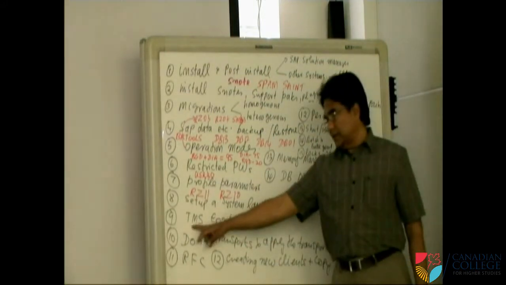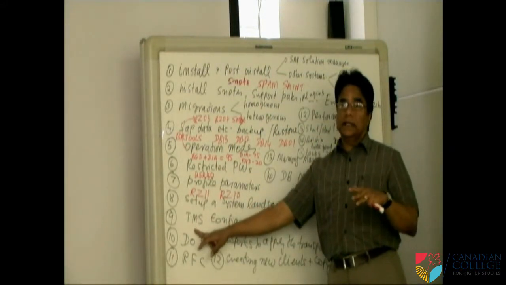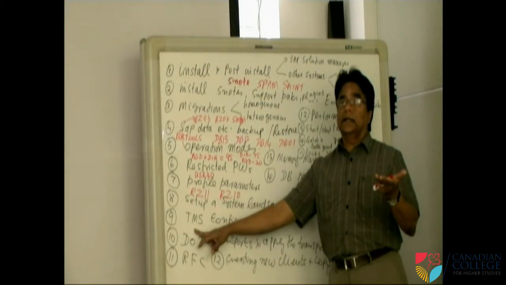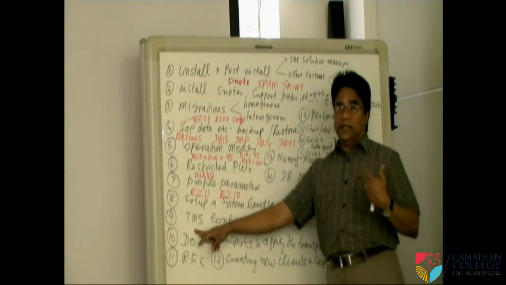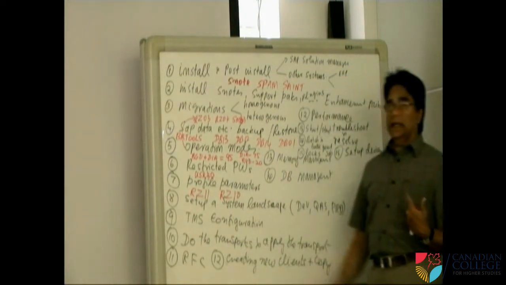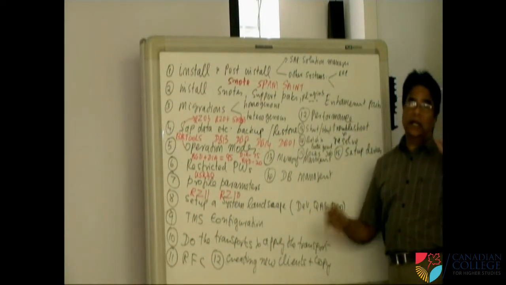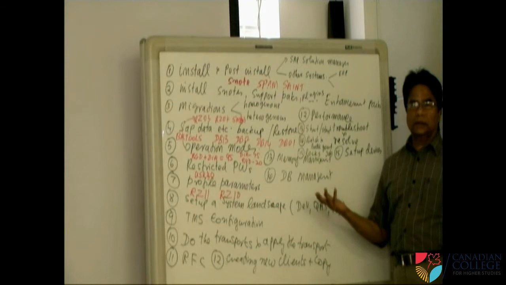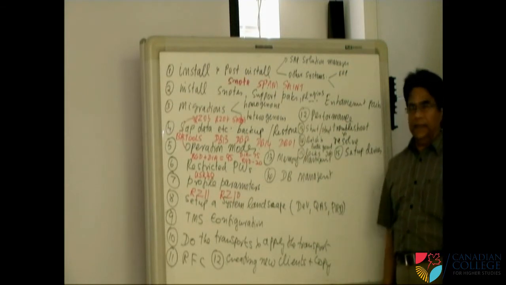If the data you are moving is related to your development or configuration changes, then you have to configure TMS, right? But if your data is related to client copy and all, you have to configure client copy, right?